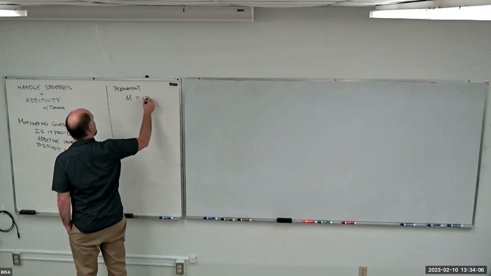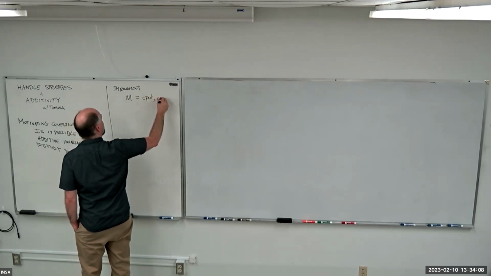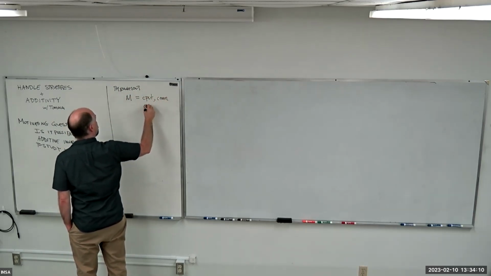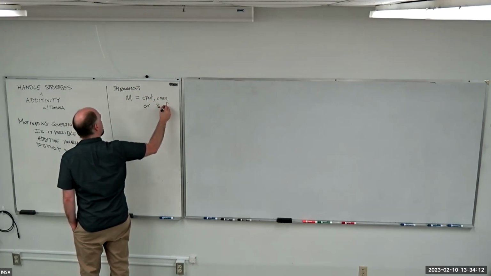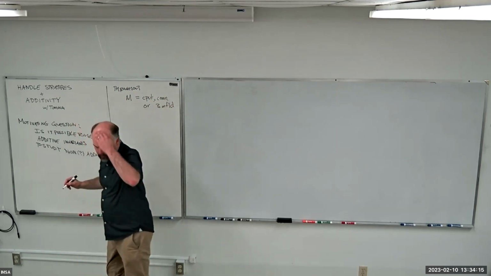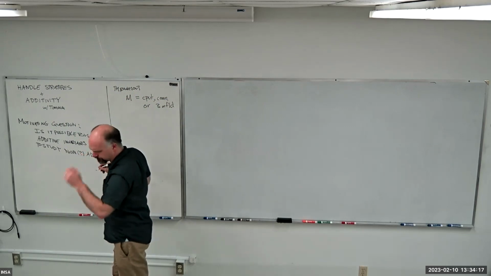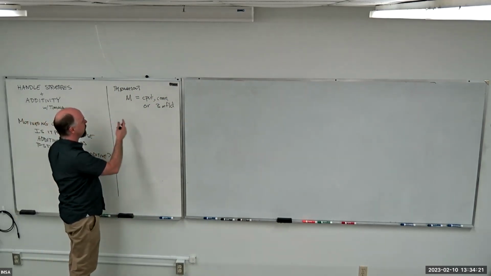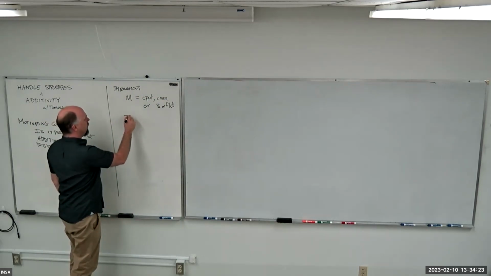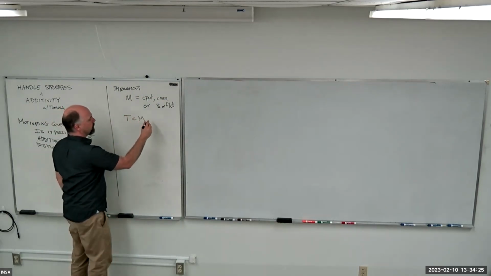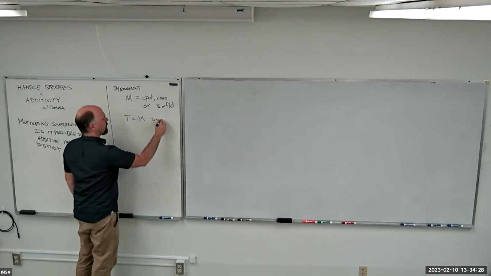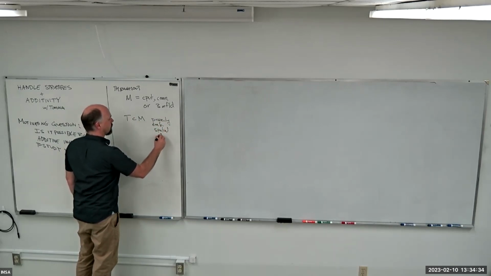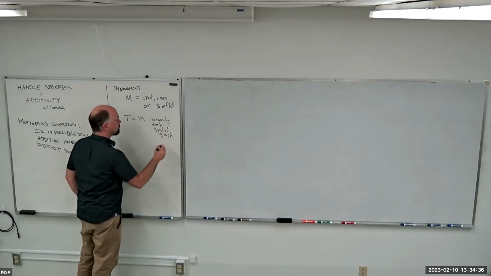M will be a compact, connected, orientable three-manifold, and I'll eventually have to put some conditions on its boundary, but I think that's good for now. And T will be a properly embedded spatial graph, so like a finite CW complex.